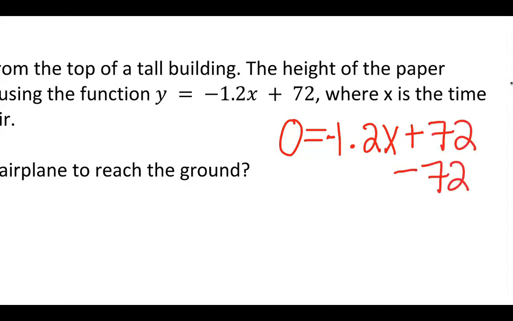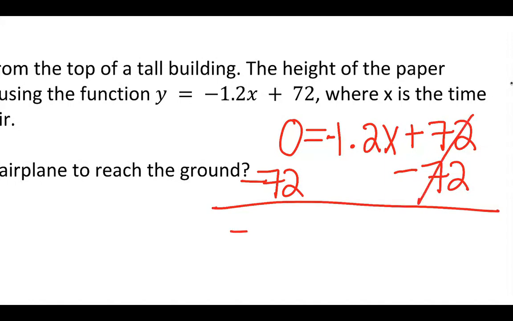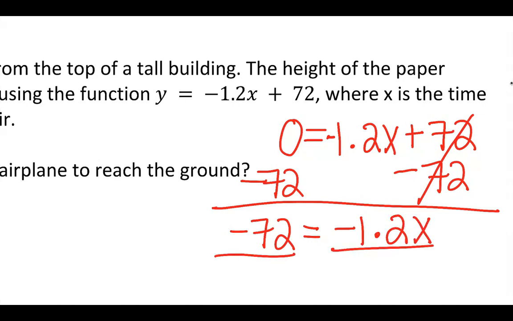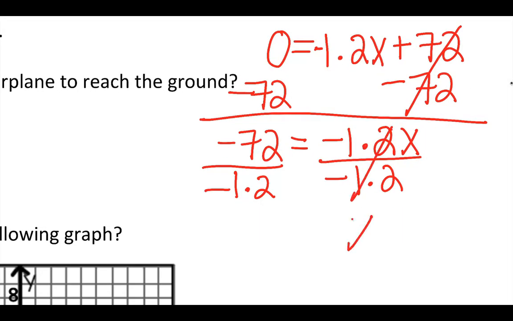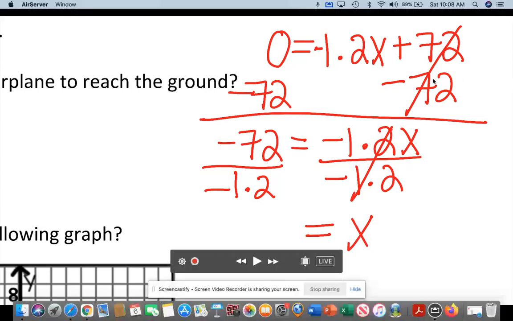So -72 divided by -1.2. Oh, we got like 32 something. Let's see.